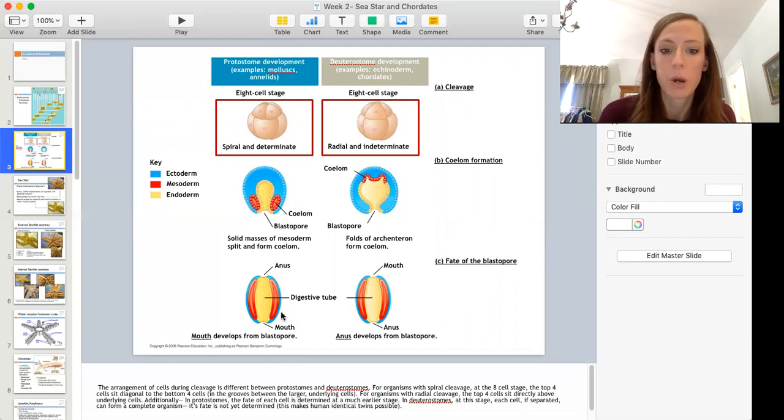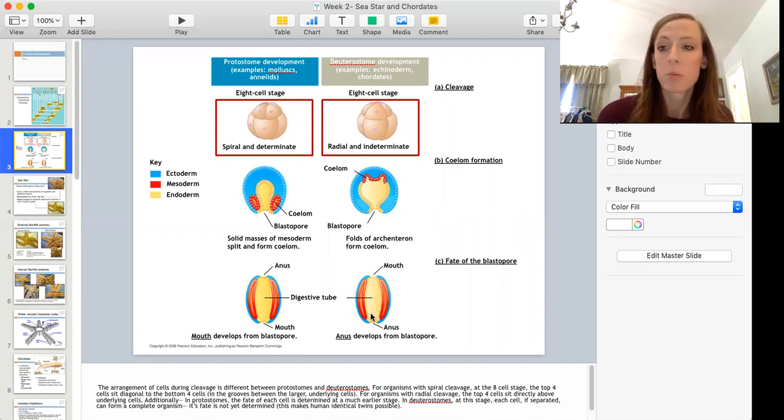So for protostomes, the mouth is the digestive tract structure that develops from the blastopore, versus in deuterostomes, it's the reverse. The anus is what develops from the blastopore, and then the mouth is the second opening as that tube for the digestive tract forms.